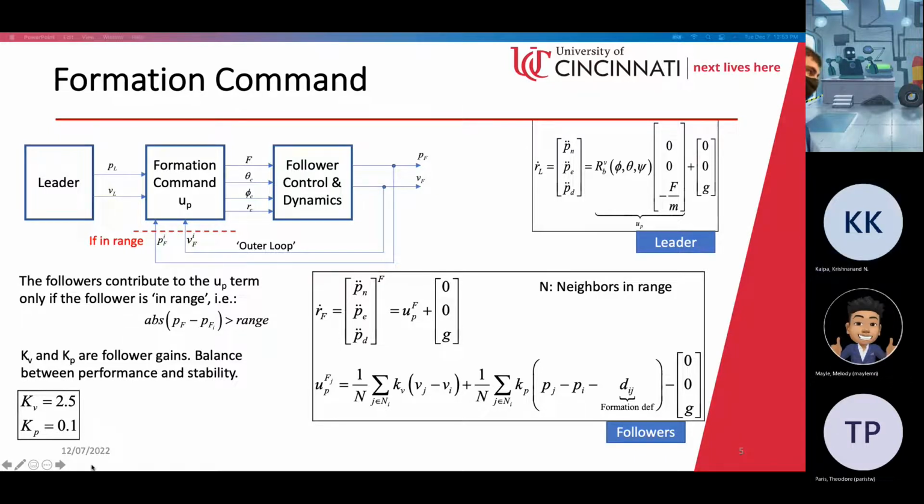Like Max said, if we're in range, we take into account a difference of velocities and positions, and we have some gain influences here. So we take in range of followers and the leader, and we use the inverse mapping to get our commanded values here.